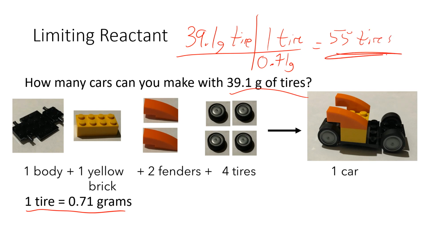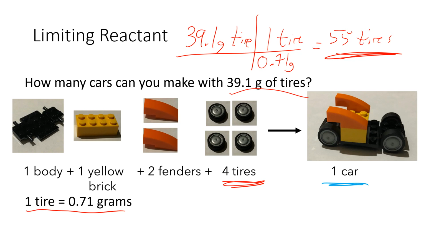And from this information, we can now figure out how many cars by using the relationship that there are 4 tires for every car. So we were able to first convert the grams into the number of tires we had, because that was the only information we were going to be able to use to figure out how many cars we could get. So let's figure that part out.